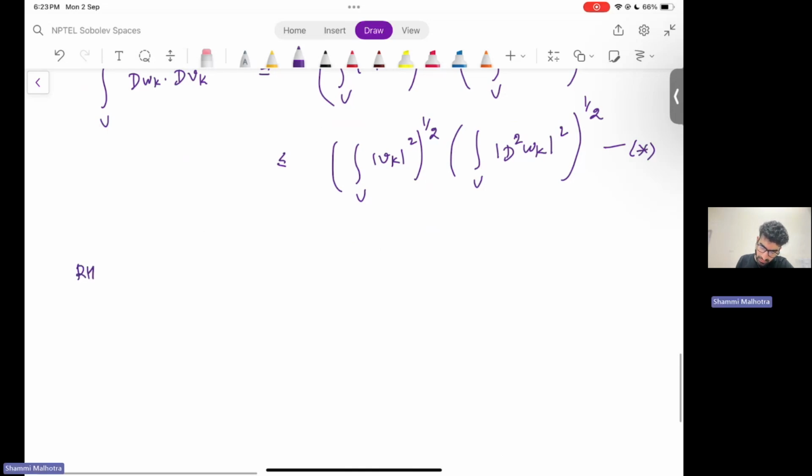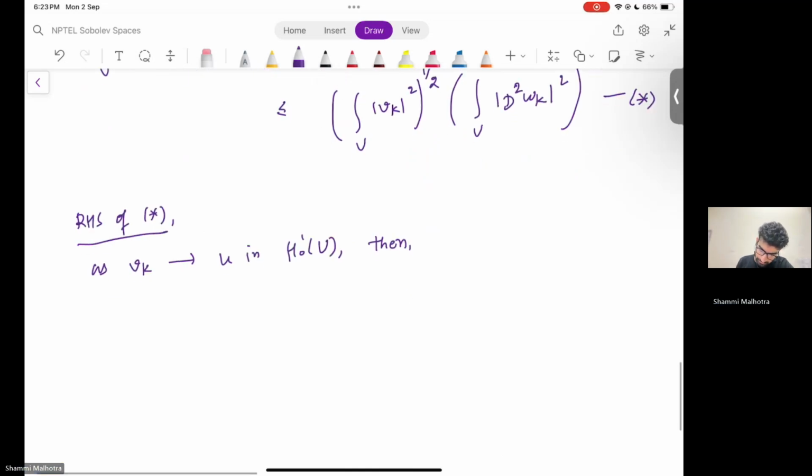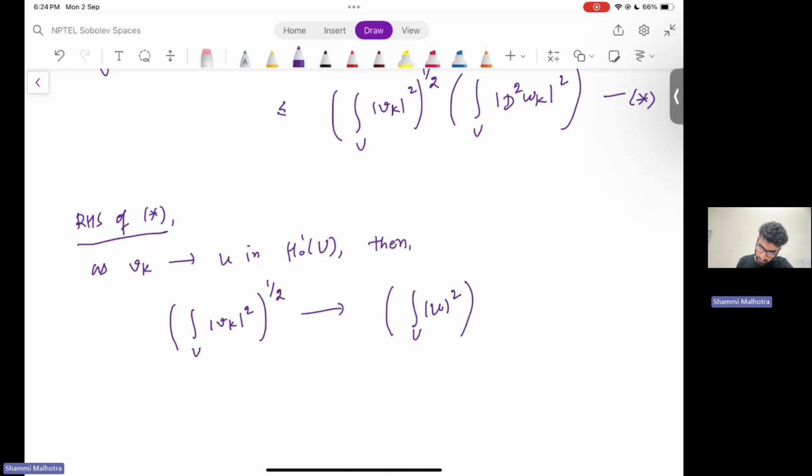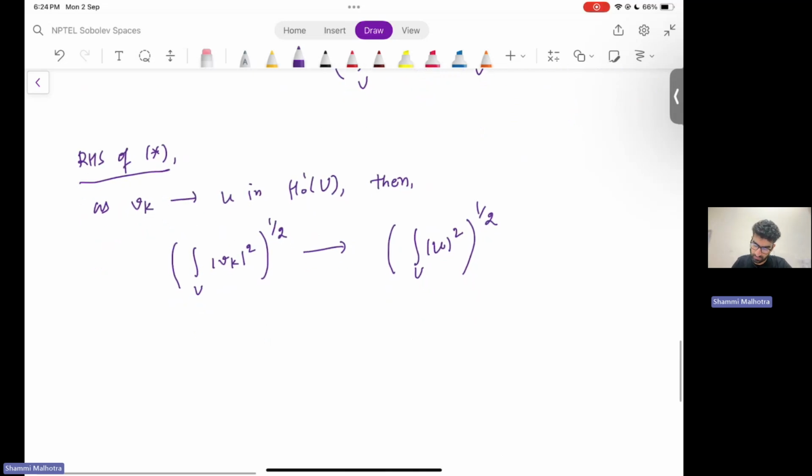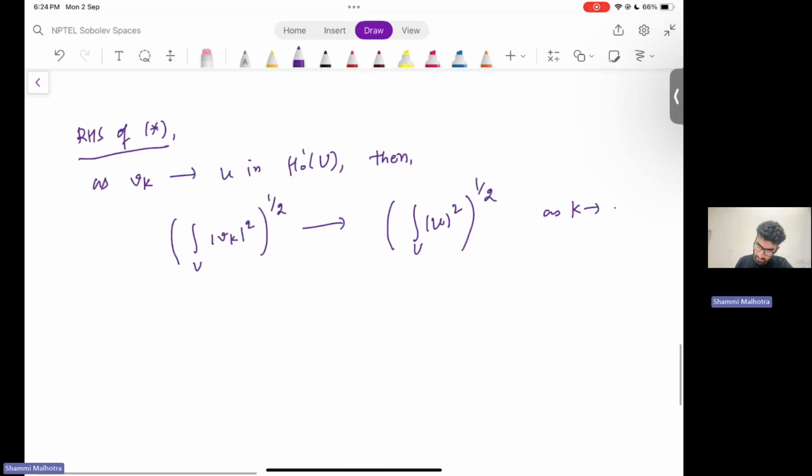RHS of star: as v_k converges to u in H naught 1 norm, the integral of v_k squared to the power half converges to the integral of u squared to the power half, because H naught 1 implies this convergence as k tends to infinity.